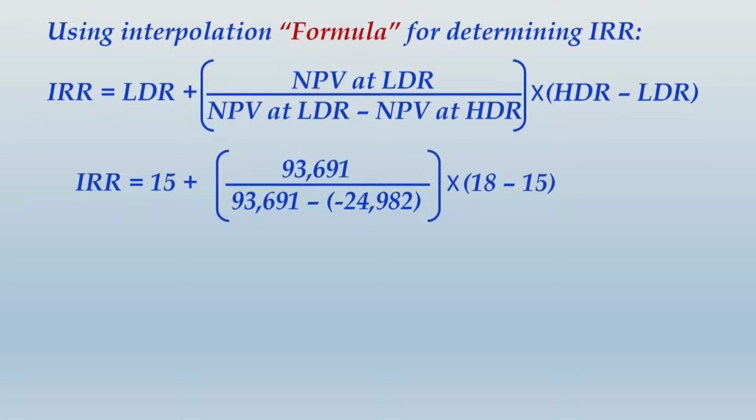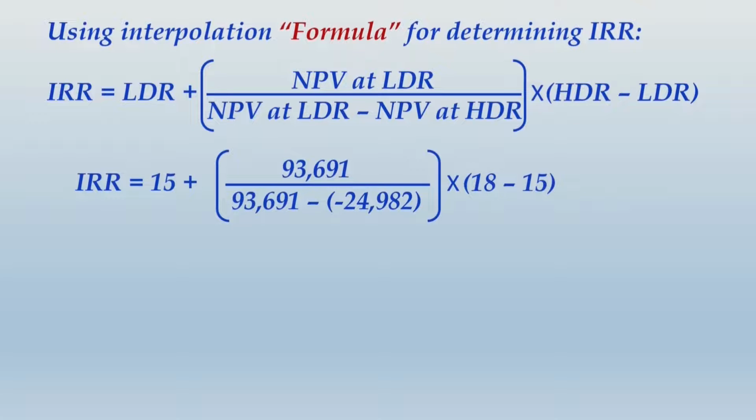NPV at LDR is 93,691 divided by NPV at LDR again, that is 93,691 minus NPV at HDR, which itself is a negative value, and multiplied by the difference between HDR minus LDR, that will be 18 minus 15. Now if you carefully look at the denominator over here, that is 93,691 minus negative 24,982.